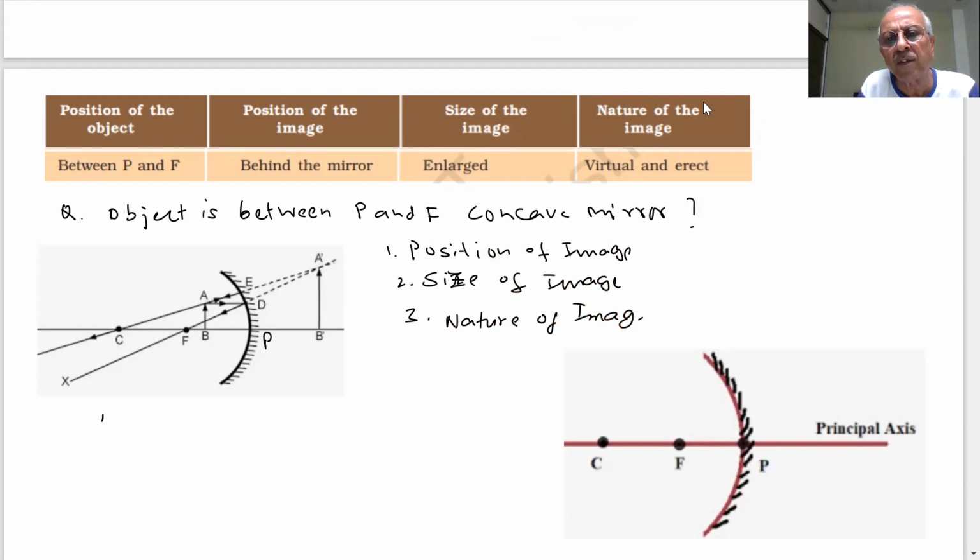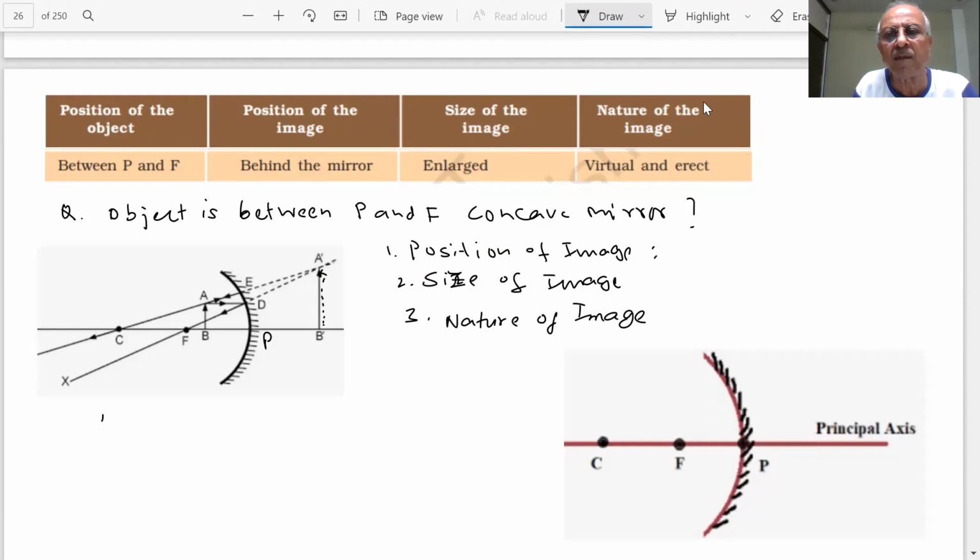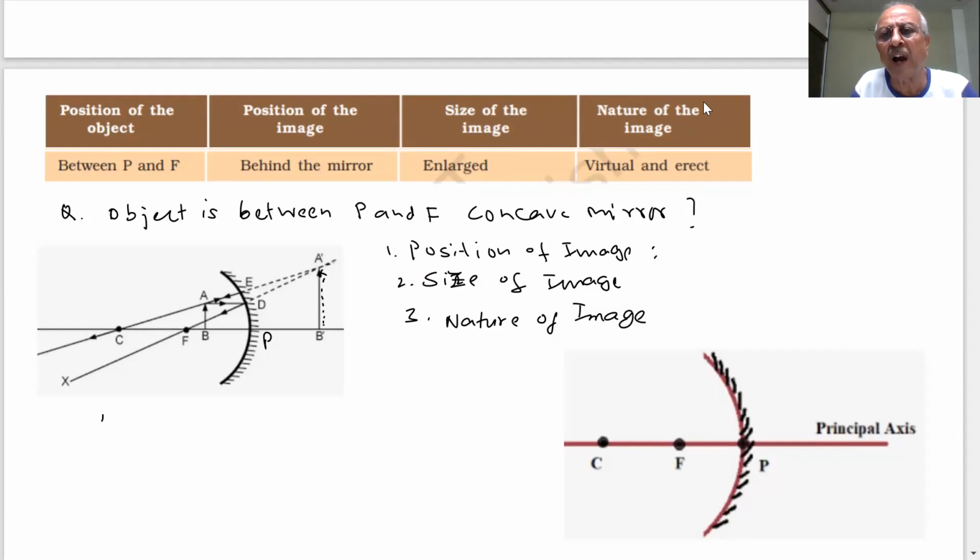Tell me now, what is your answer, students? If an object is placed between P and F of a concave mirror, what is the position of the image? It should be shown by a dotted line because it is not a real image. So the position of the image is behind the mirror.